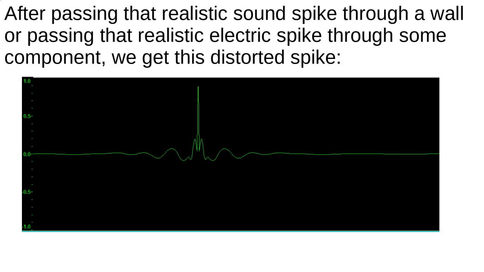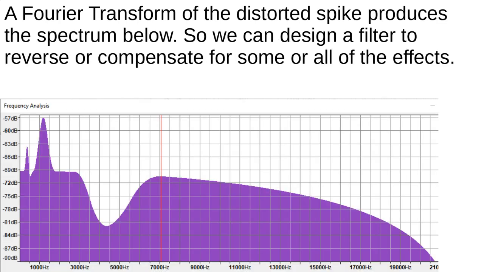After passing that realistic sound spike through a wall or passing that realistic electric spike through some component, we get this distorted spike. A Fourier transform of the distorted spike produces the spectrum below. So we can design a filter to reverse or compensate for some or all of the effects.